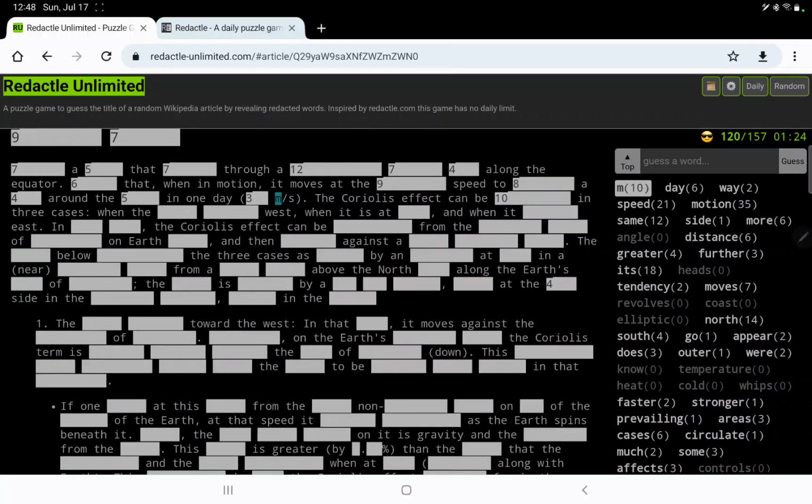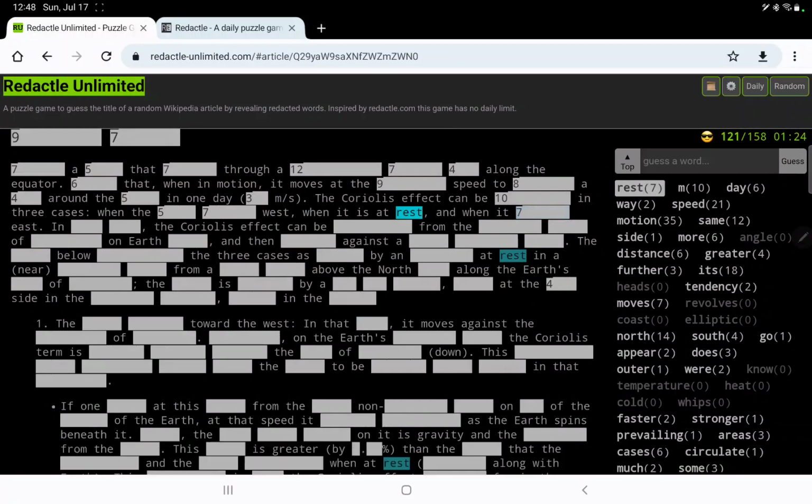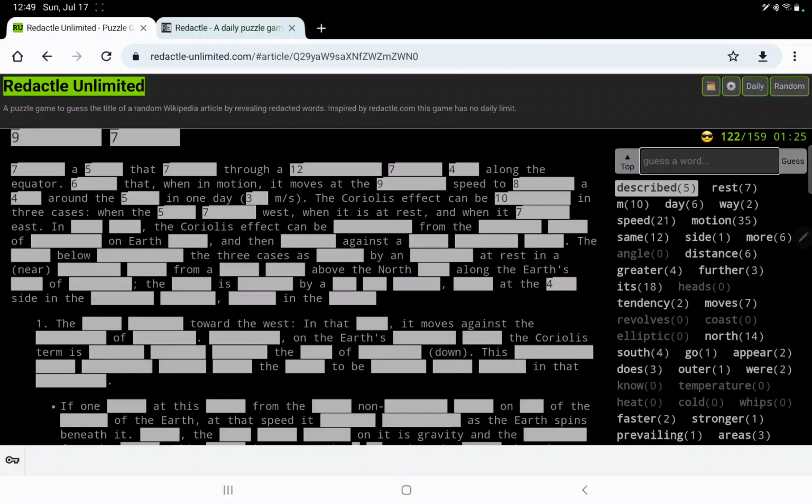The Coriolis effect can be something in 3 cases. When the something west, when it is at rest, and when it something east. Hmm. Can be described?